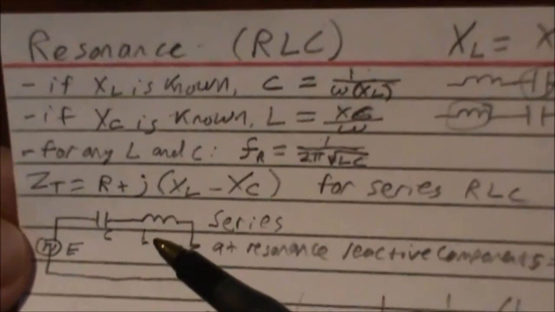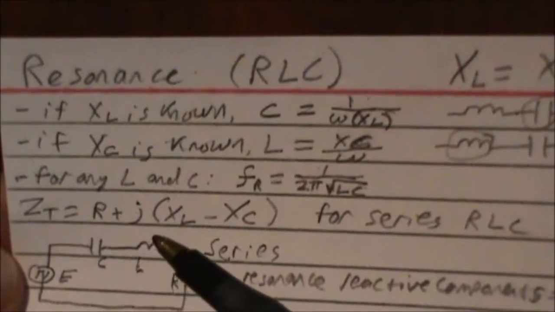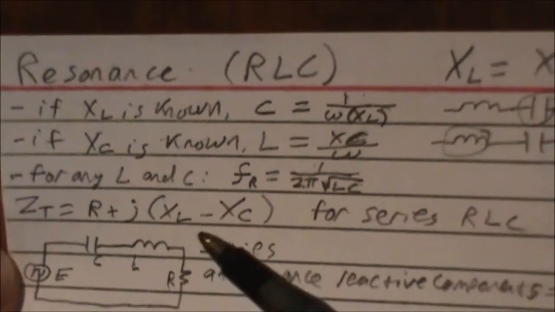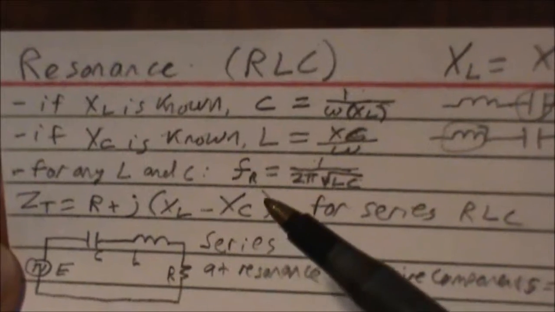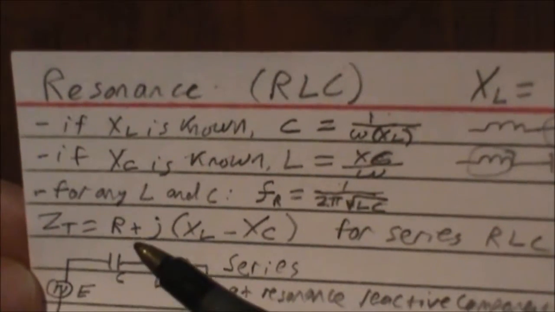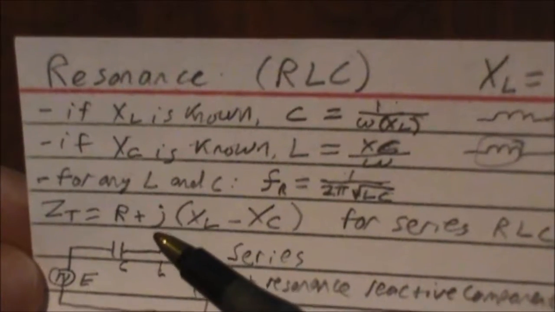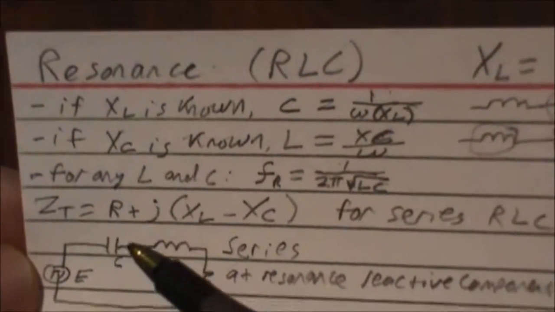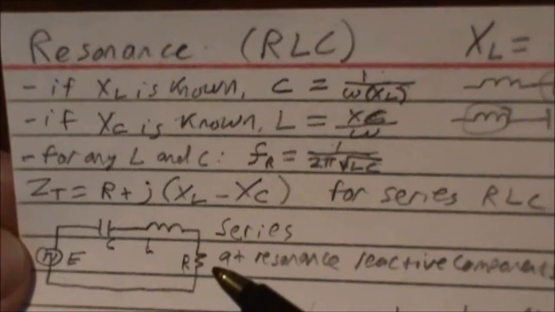And when X sub L equals X sub C, then those two cancel out. Let's say it's 10 minus 10, then they cancel. R plus J times 0 is just R. There is no imaginary axis magnitude. So the total impedance of a circuit at resonance is simply the resistance.